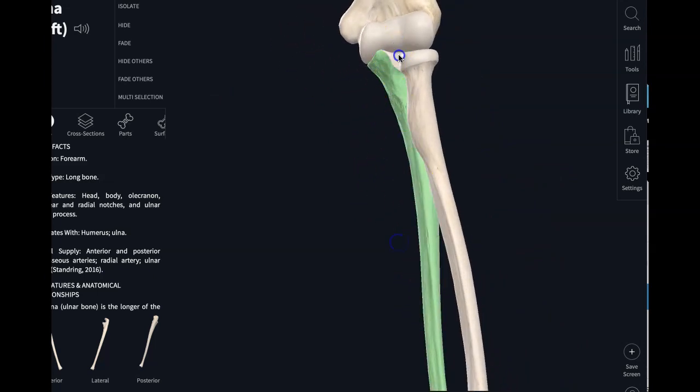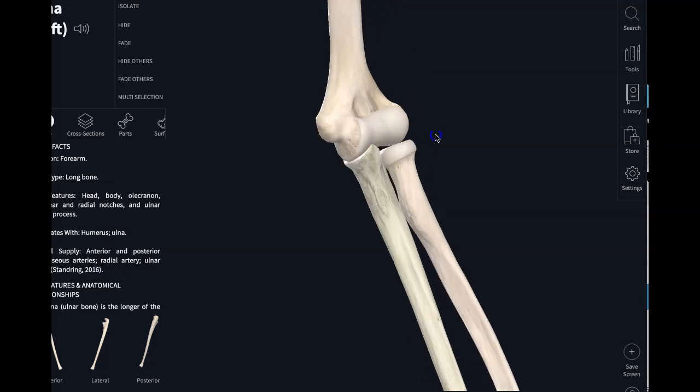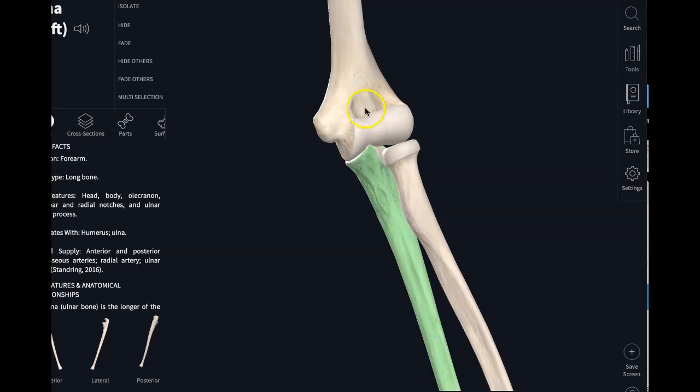And then we have the coronoid process, this little lip right here. The coronoid process of the ulna is going to be going into this coronoid fossa of the humerus when your elbow is completely bent.